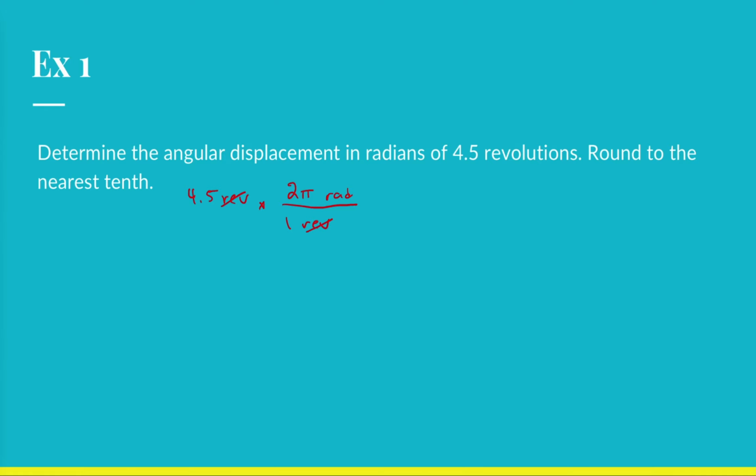So our revolutions cancel, and we get 9 pi radians, or rounded to the nearest tenth, 9 pi is 28.3. So there are 2 pi radians in a revolution; multiply the number of revolutions by 2 pi.